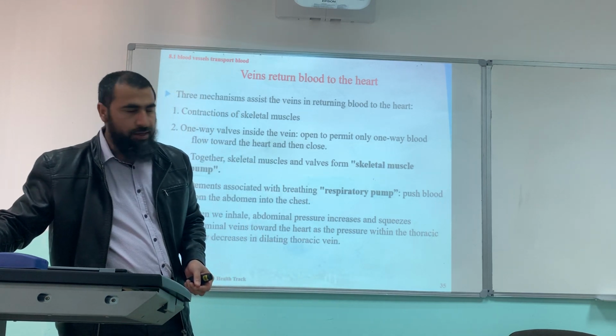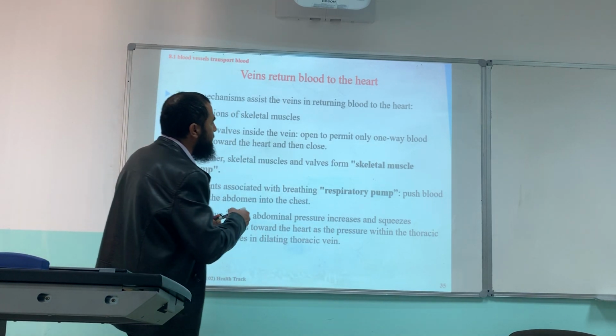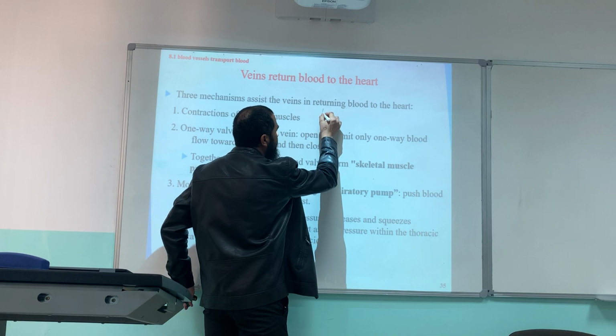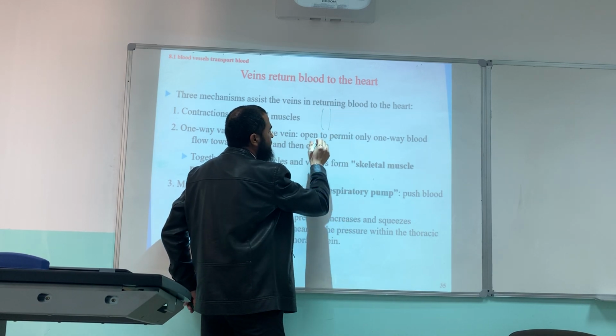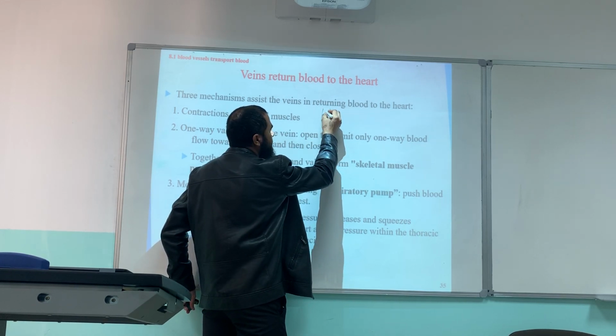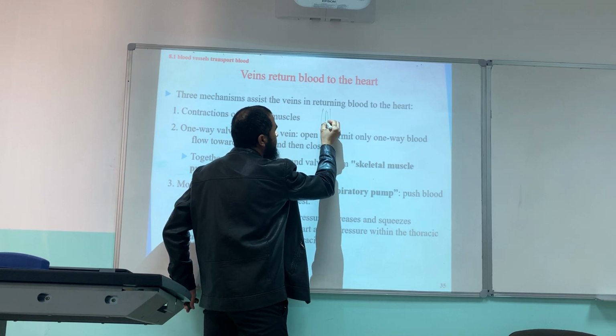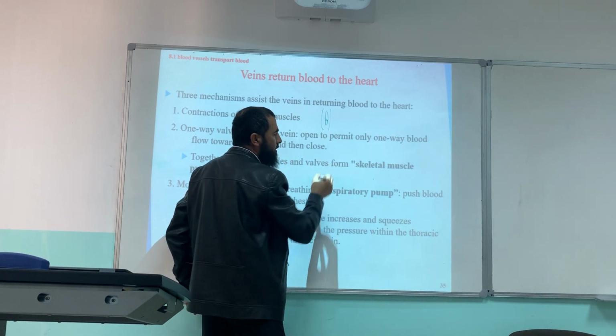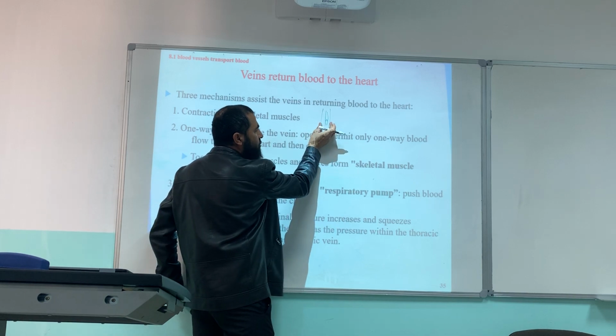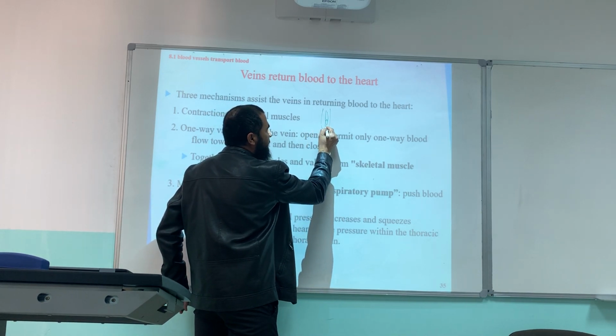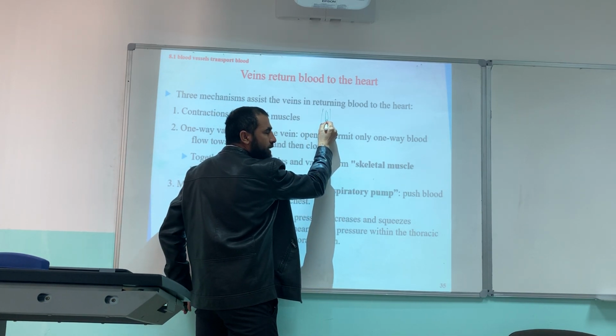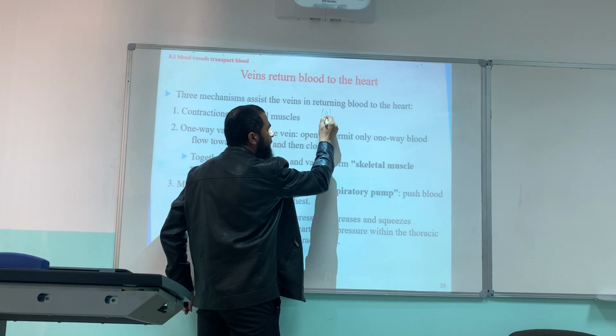So if you have a look at here, say, this is your leg, okay? There's the muscle and the vein is between the muscles. It has a valve like that, okay? When the muscles contract, it pushes the blood from this compartment into this one, okay?